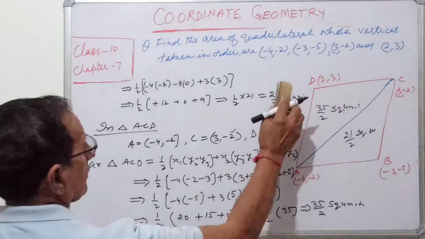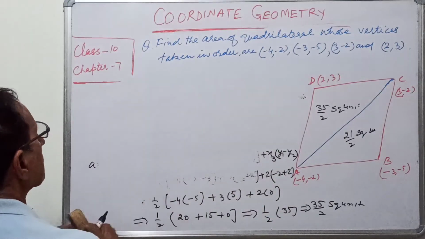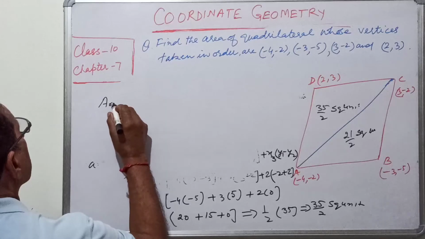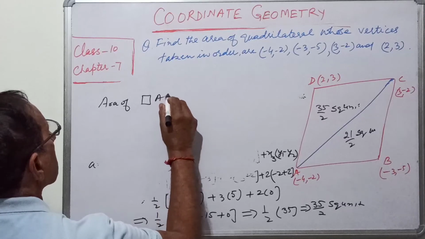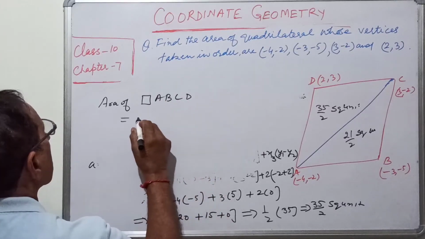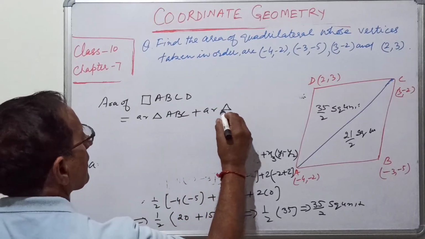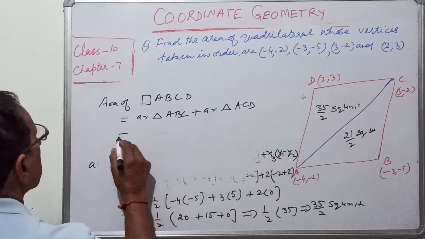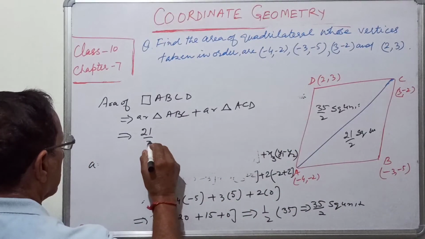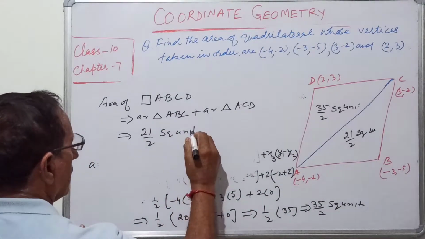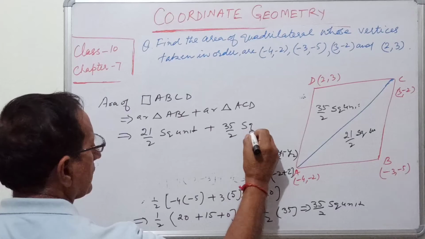So the area of quadrilateral ABCD will be equal to the area of triangle ABC plus the area of triangle ACD. The area of triangle ABC is 21 upon 2 square units and the area of triangle ACD is 35 upon 2 square units.